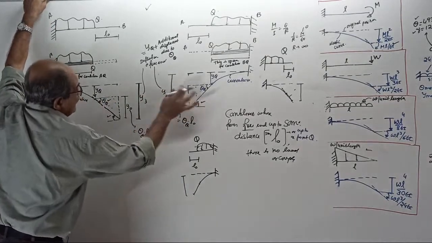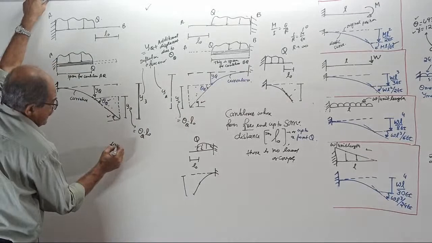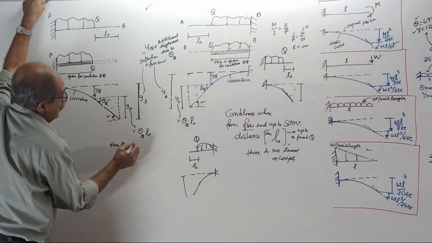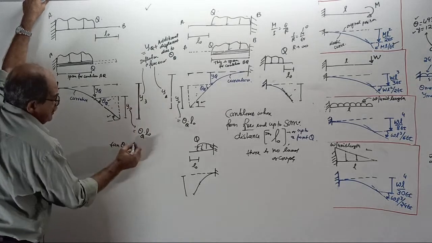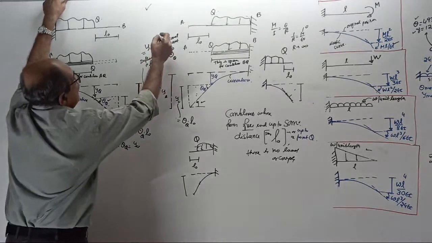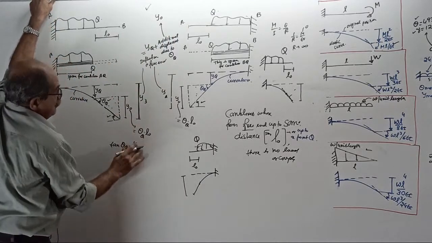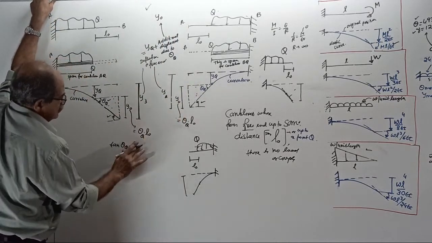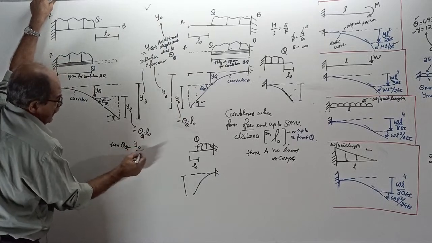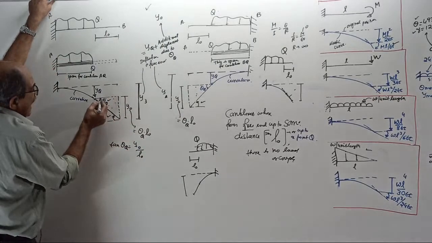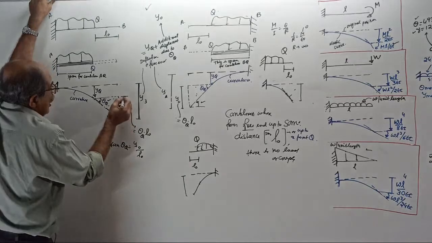For both the triangles, tan theta q equals y naught by L naught. That initial deflection symbol is y naught.